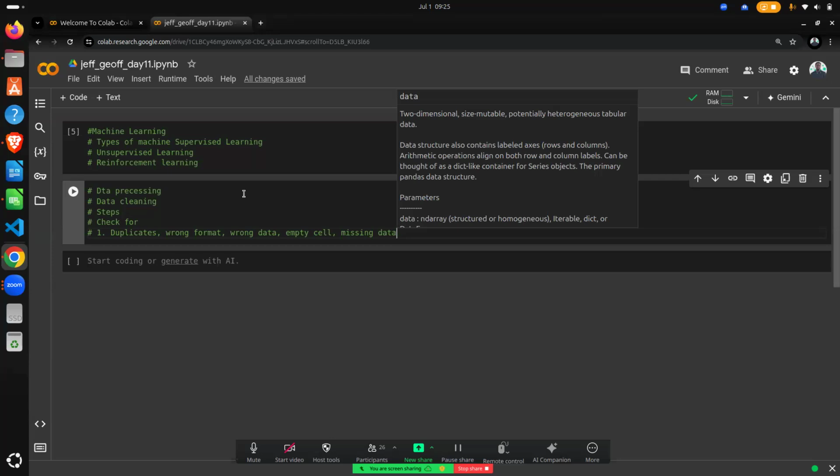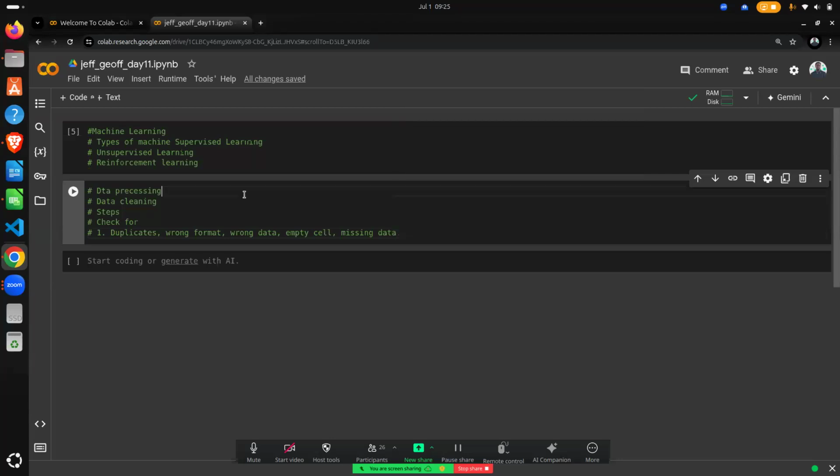Either you get the mean or median. I don't like the concept of deleting, but you can do some bit of interpolation so that you can solve some of those issues. All right, now, these are the things you need to focus on.